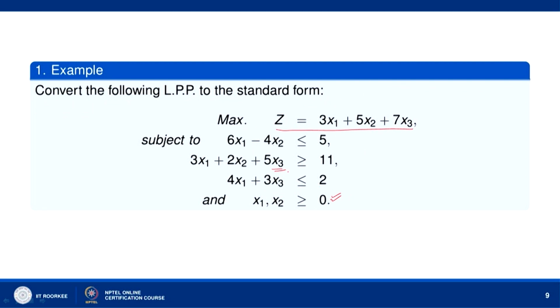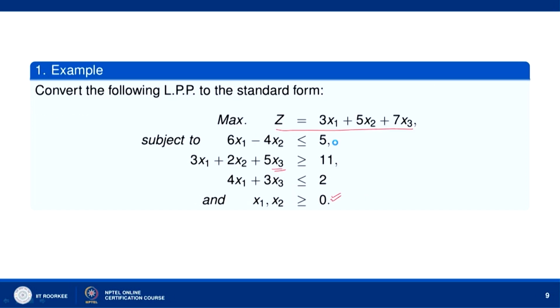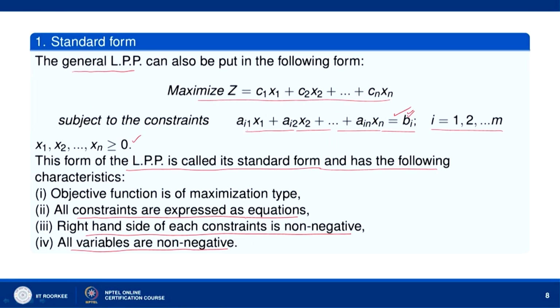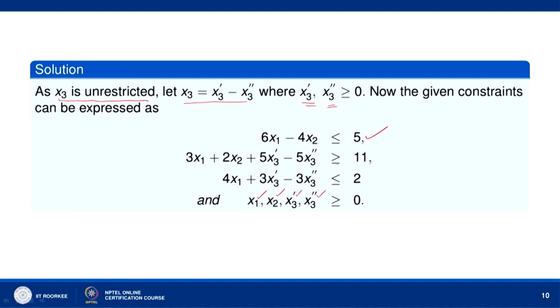So, now we can see this LPP, the original general linear programming problem, we have brought into the form where the objective function is to be maximized. Second thing, all the constraints have to be expressed as equations.